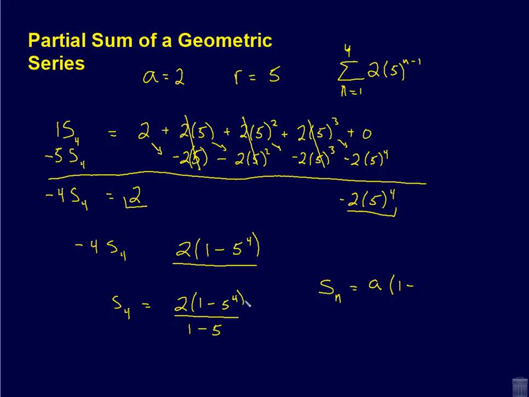Here, 1 minus 5 to the 4th is really 1 minus the ratio raised to the number power that matches the number of numbers I'm adding together. And then I'm dividing by 1 minus the ratio. In fact, this is how you can sum together a geometric series, a finite geometric series.